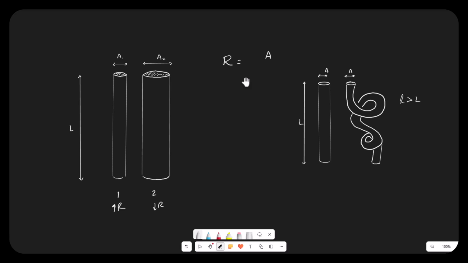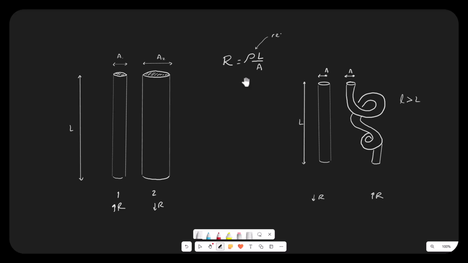So this one has a lower resistance. This one has a higher resistance, meaning resistance is directly proportional to length. Directly proportional to length, inversely proportional to area. And then we're going to have some kind of a coefficient.